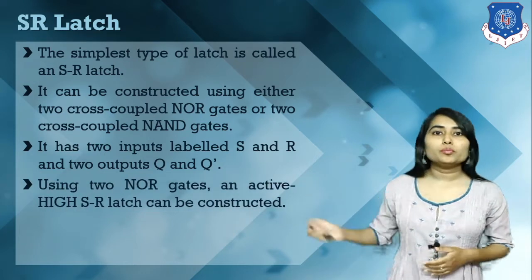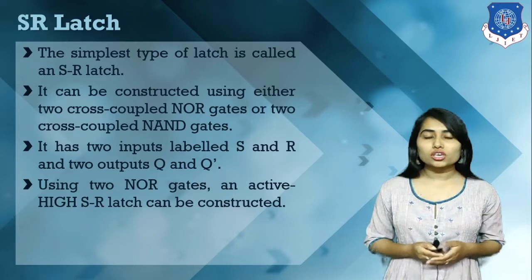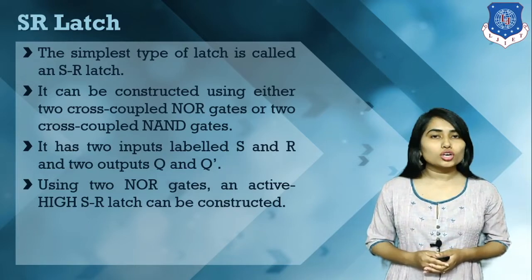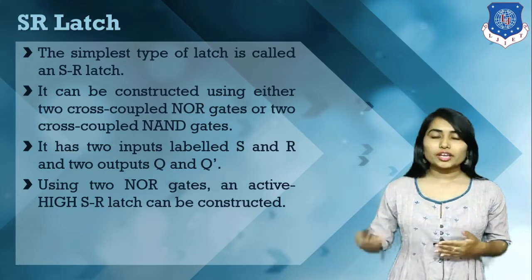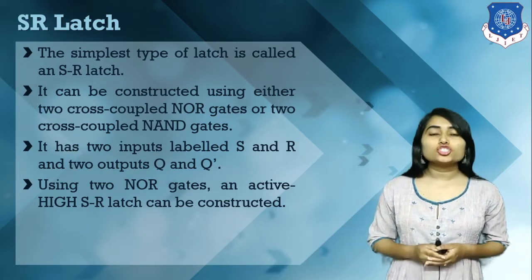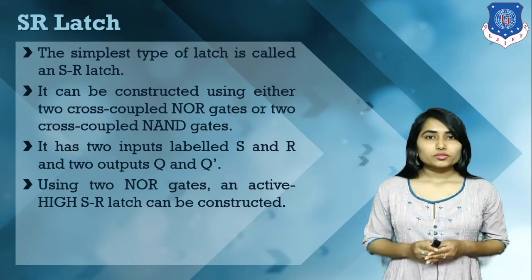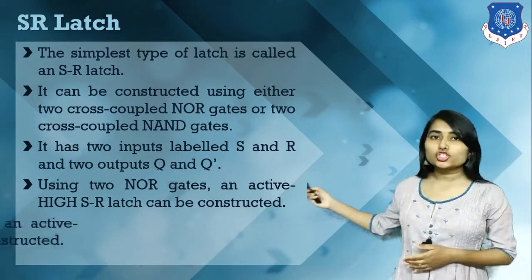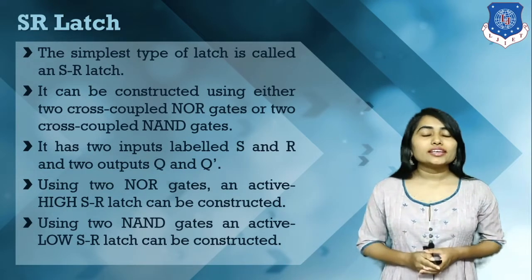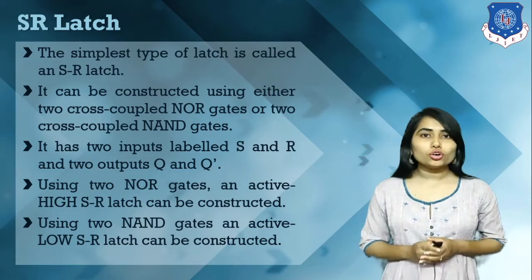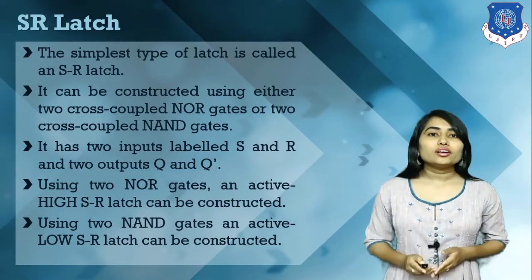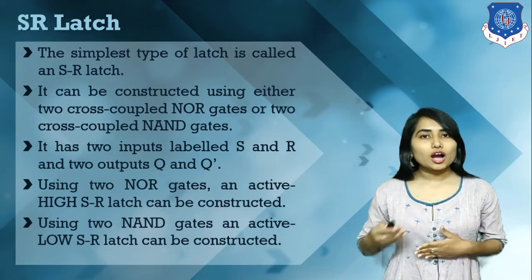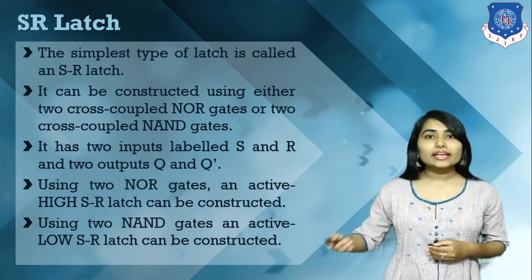Now, as we can implement this SR latch using either two cross-coupled NAND gates or two cross-coupled NOR gates, the implementation of the SR latch using two NOR gates is basically the active high SR latch, and the SR latch using two NAND gates is basically the active low SR latch. Active high means the circuit gives output according to logic 1.